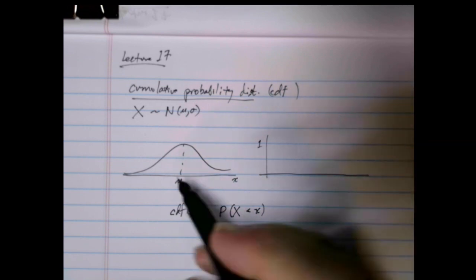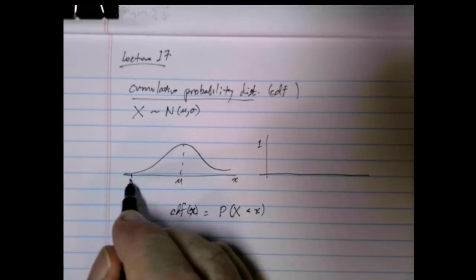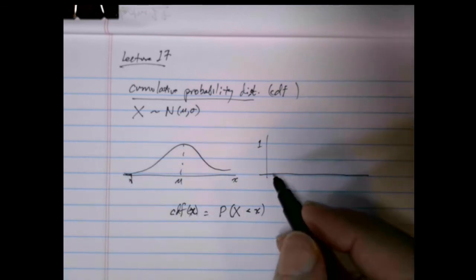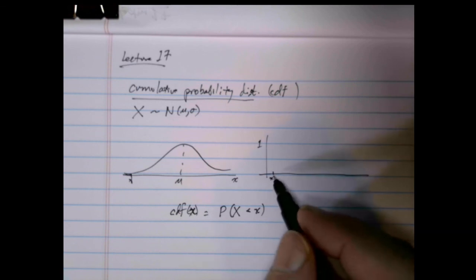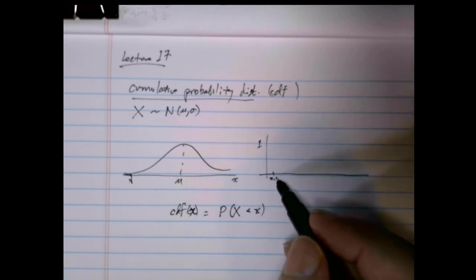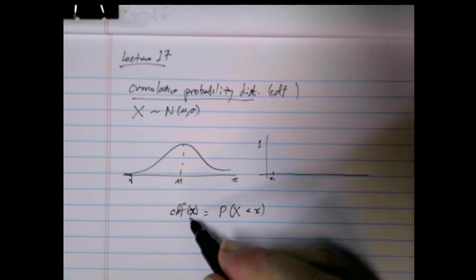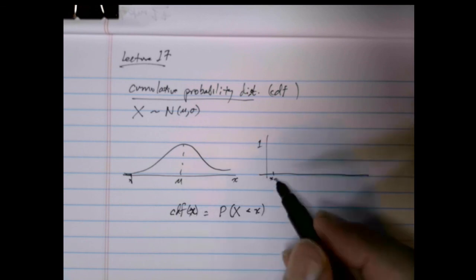Out toward minus infinity, let's just pick an x all the way out here. We'll call this one x1. What's the CDF, what's the y value on the graph of this thing when x is equal to x1?